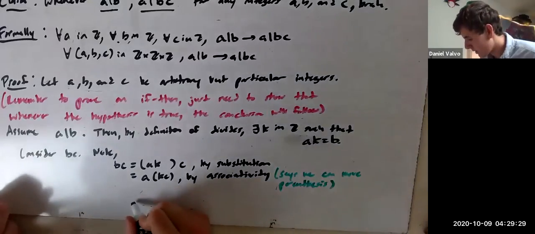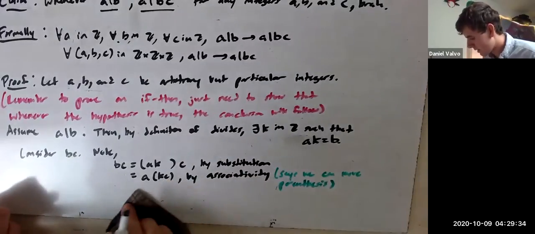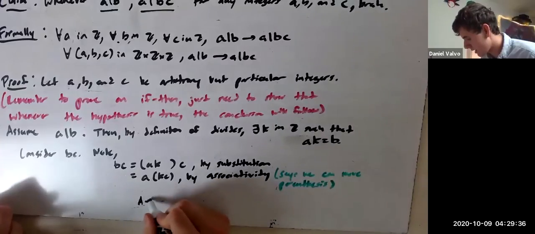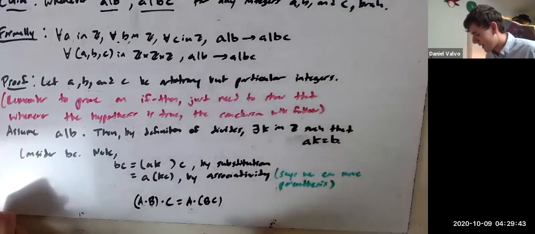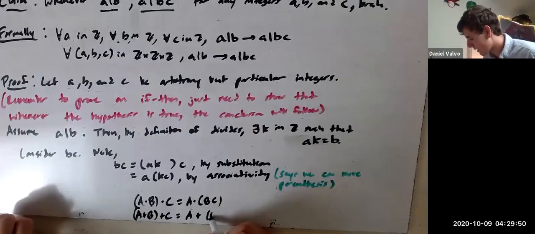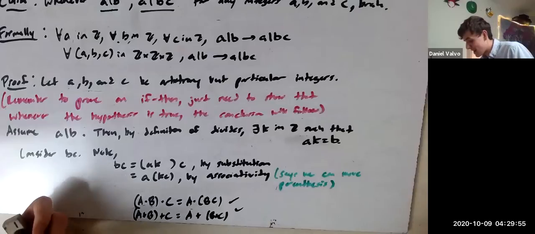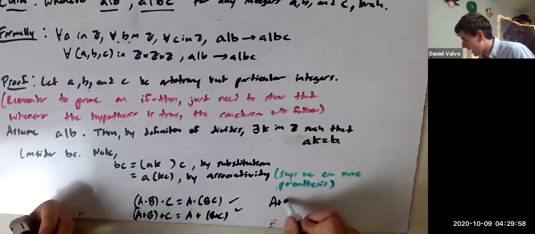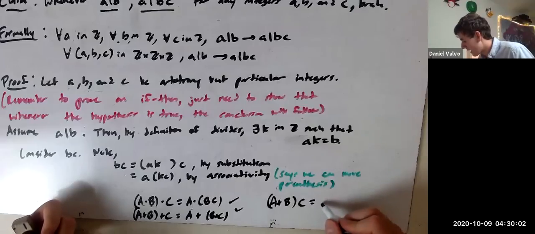So it is true that A times B times C is the same thing as A times BC. It's also true that A plus B plus C is the same thing as A plus B plus C.